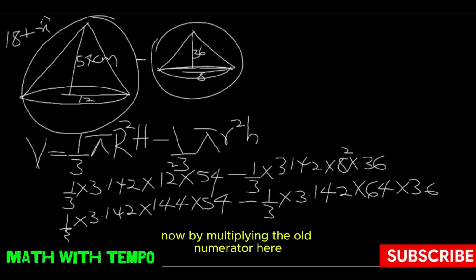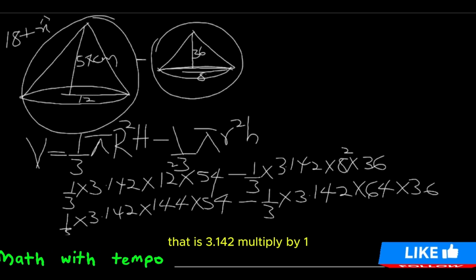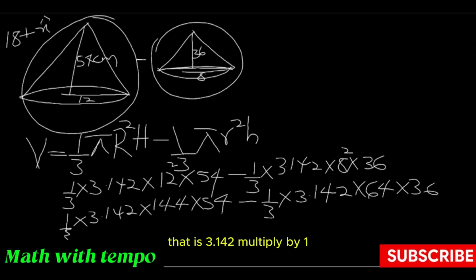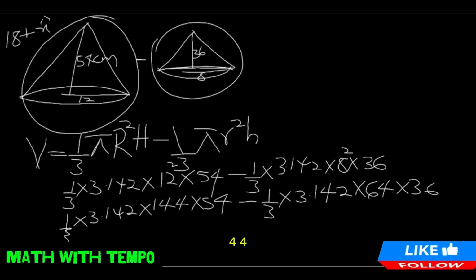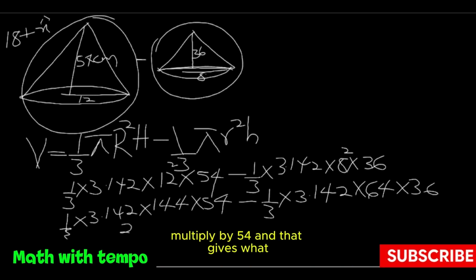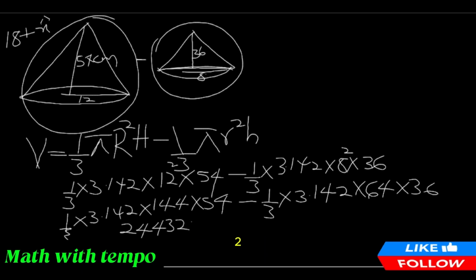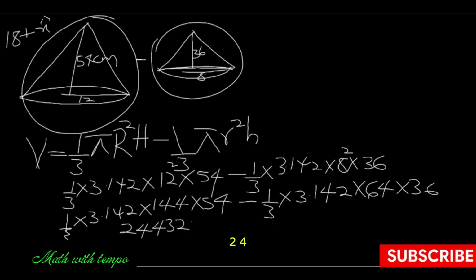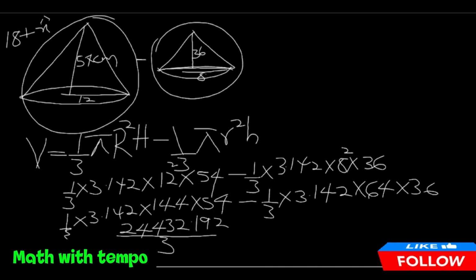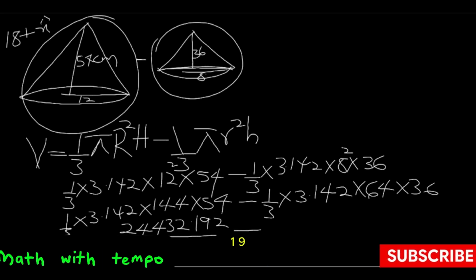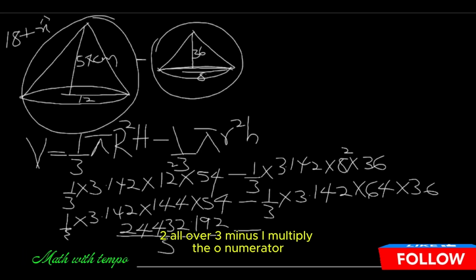Then we'll do our calculation properly now. By multiplying the whole numerator here, that is 3.142 multiplied by 144 multiplied by 54, that gives 24432.192, all over 3.